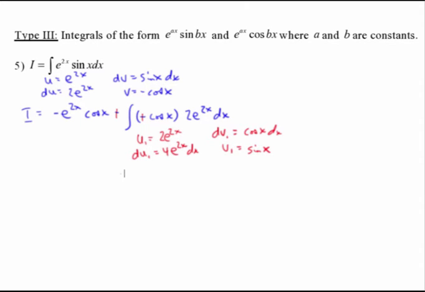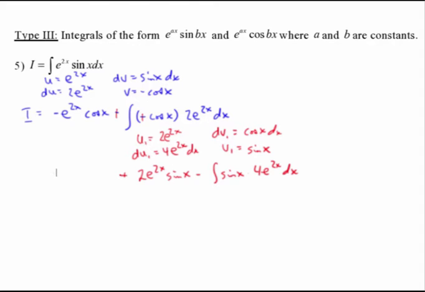So let's go ahead and plug that stuff in, and we'll have uv, so it'll be 2e to the 2x sine x minus the integral of v, sine x, times du, so e to the 2x dx.